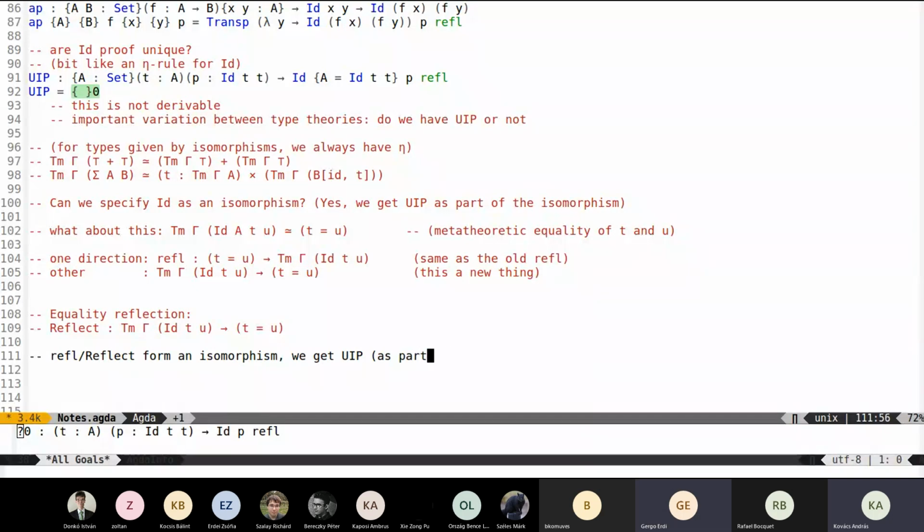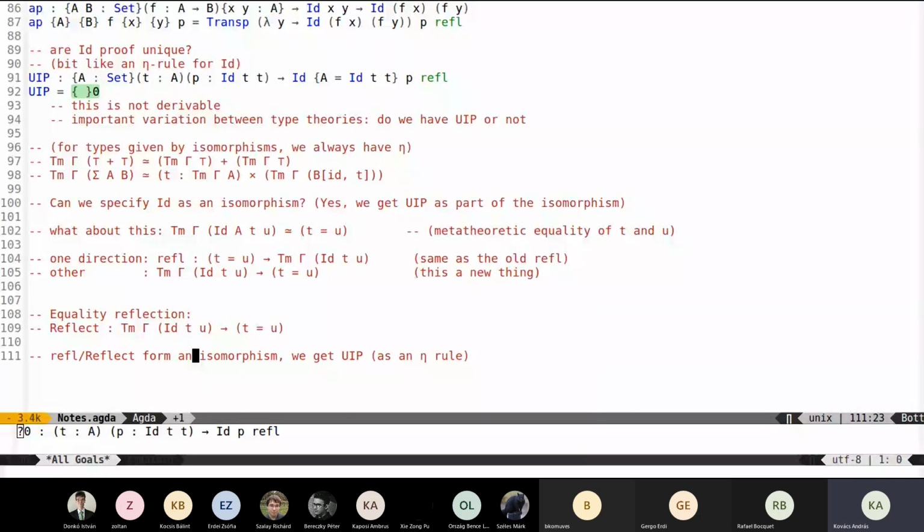That's part of the isomorphism. And that's true even if the meta theory doesn't have UIP. Even if the meta theory doesn't have UIP, actually, no.